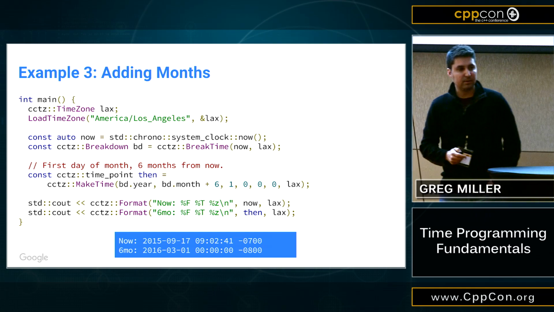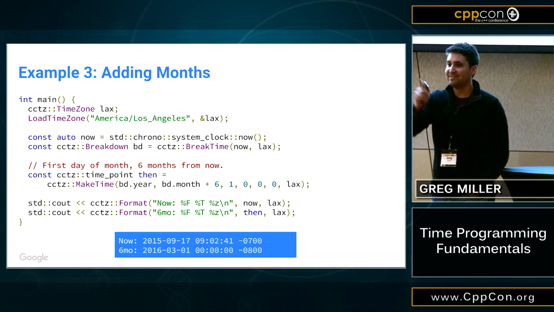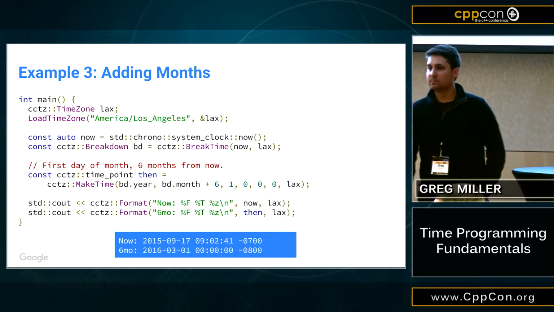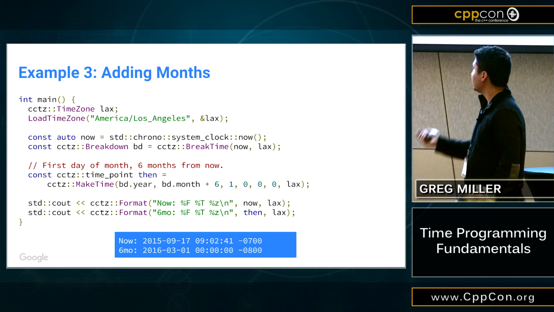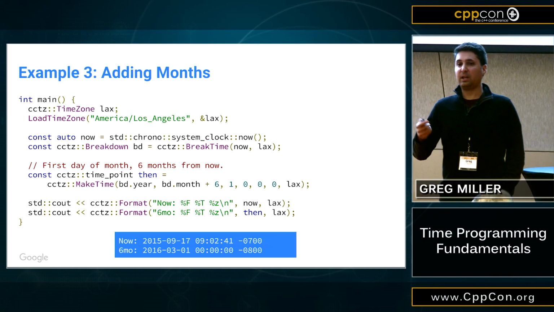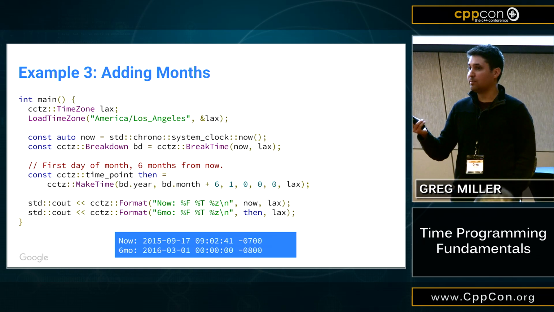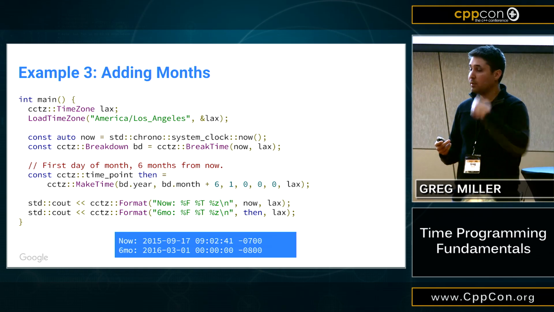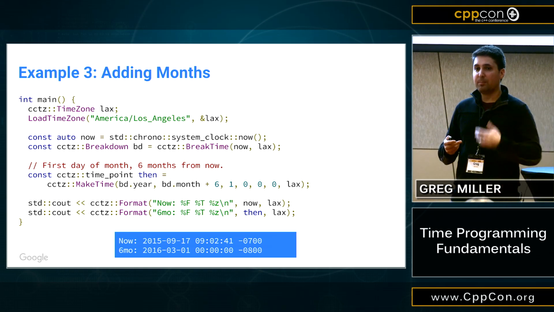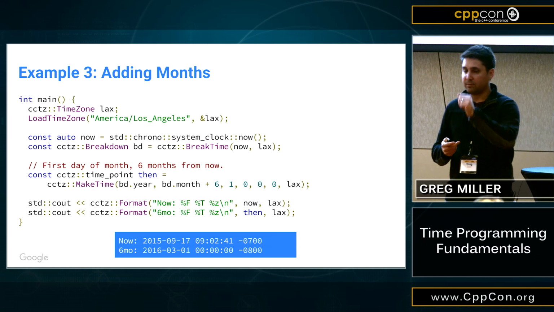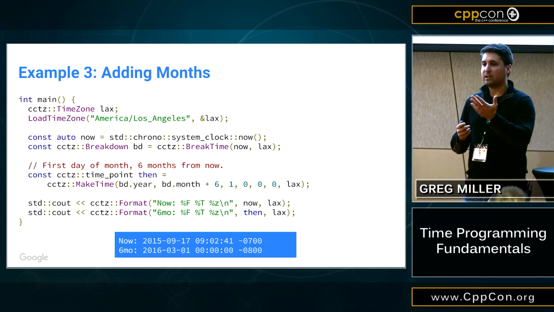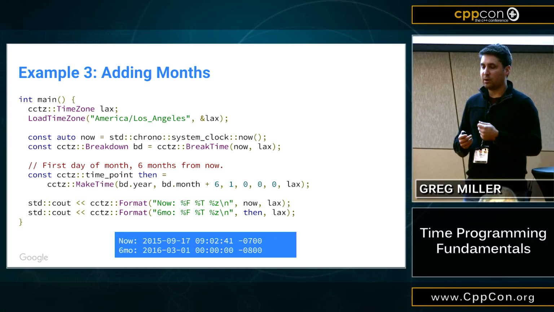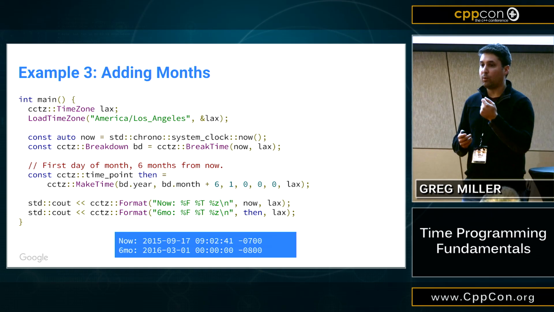Yes, Jeff? What happens if it's July 31st and you want to go 6 months and keep the day? Okay. So the question is, what happens if it's July 31st and you want to add 6 months and you want to keep the day? Fundamentally, we always think about this as, it's January 31st and you add 1 month and you want to keep the same day.